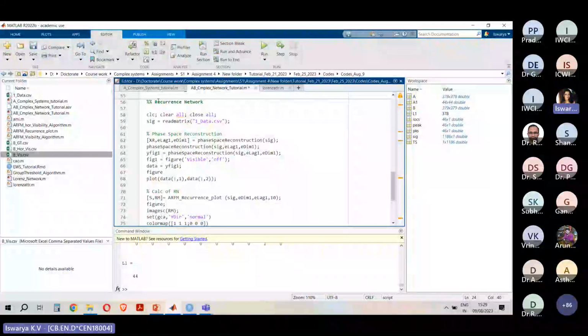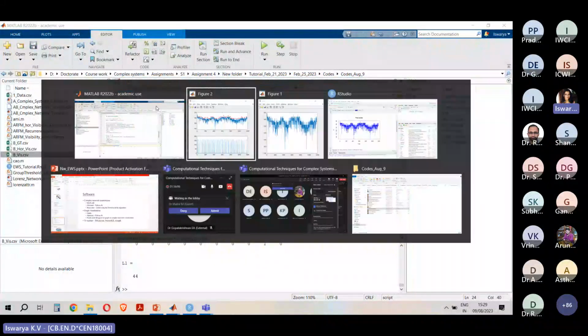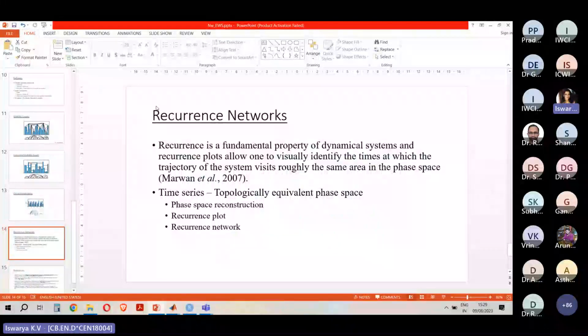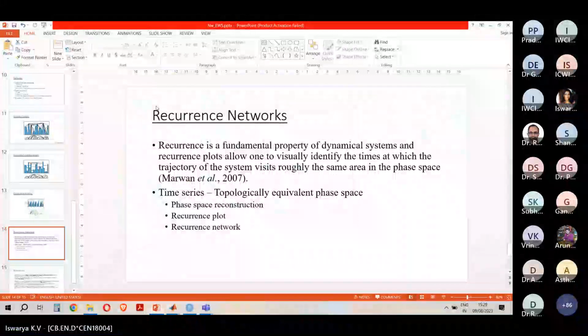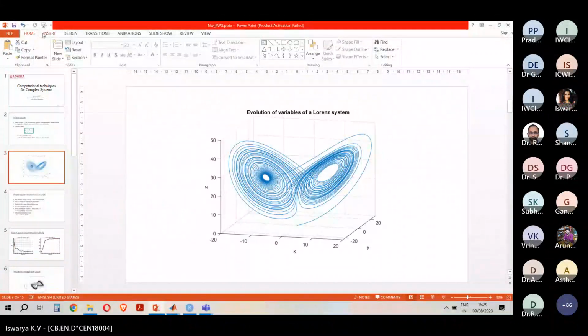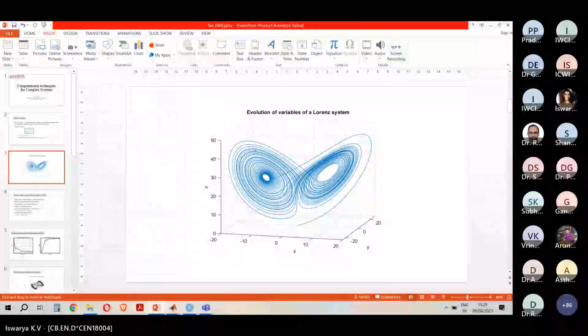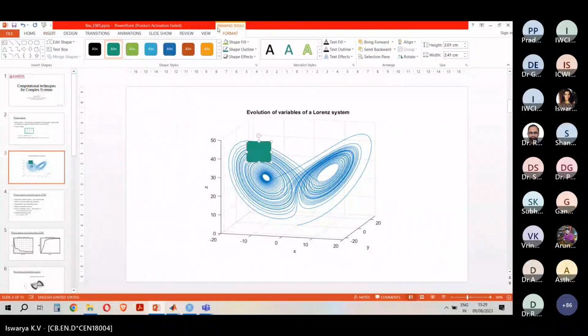So the recurrence network is based on the system dynamics directly, where we will be looking at the phase space of the system. Perhaps I can go back to the Lorentz equations over here. Okay. Just assume that we are looking at this particular point in the phase space.